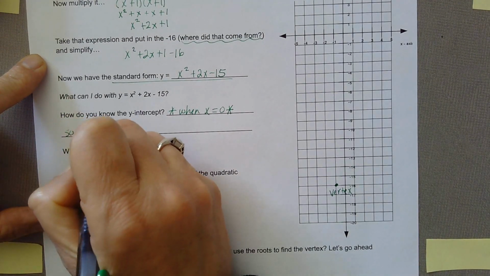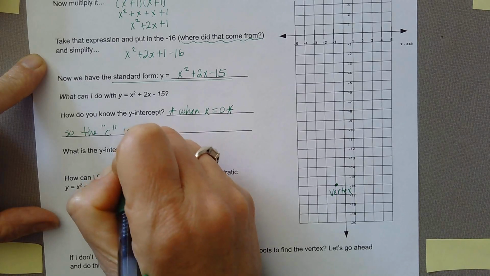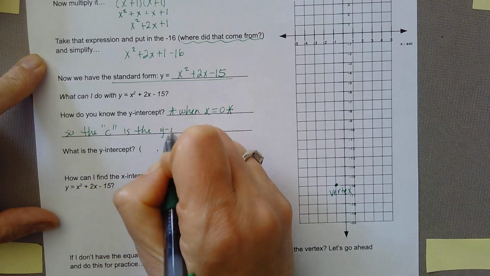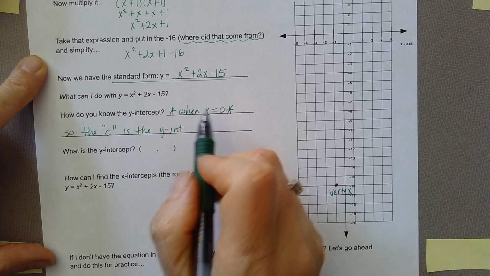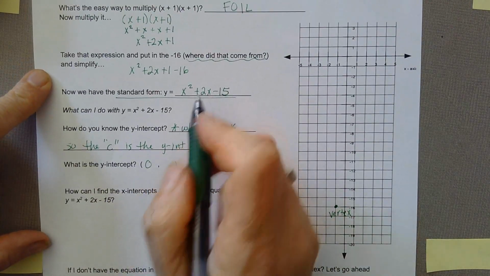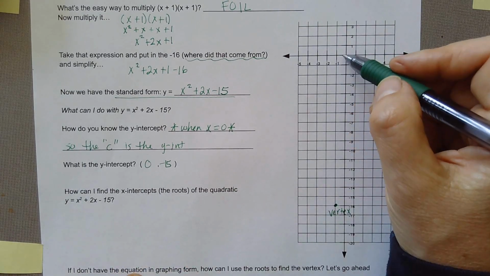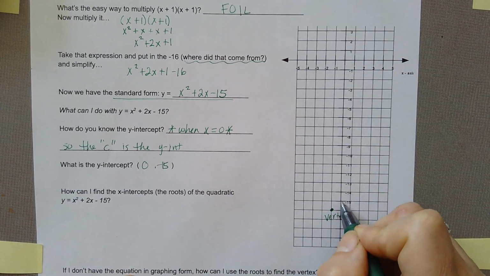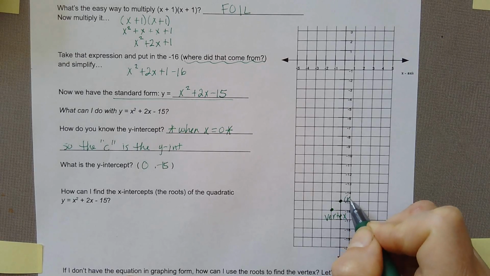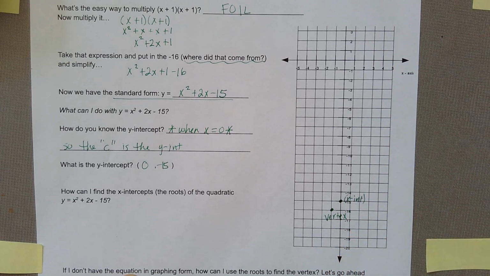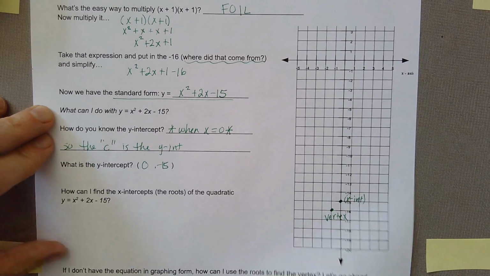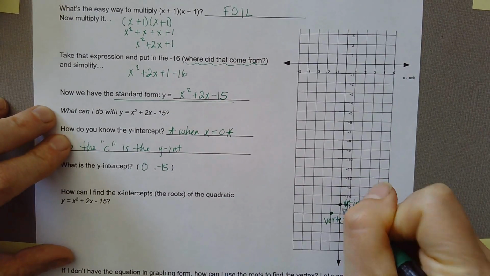So the c is the y-intercept. X equals 0, and our c value is negative 15. Let's put this one on the graph: (0, negative 15). And this is the y-intercept.